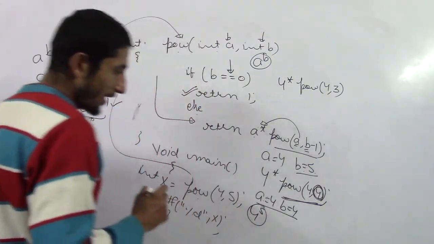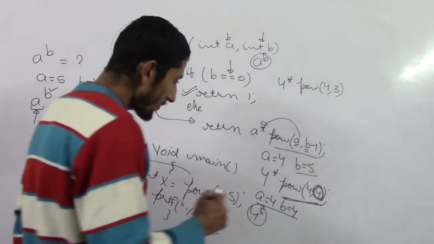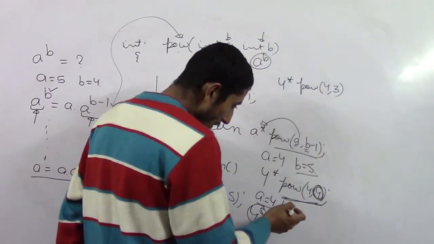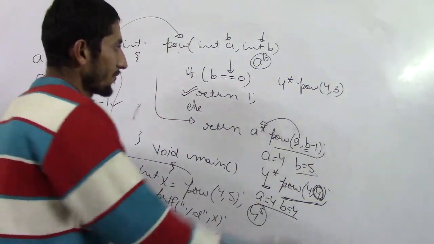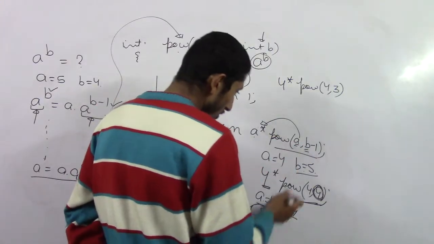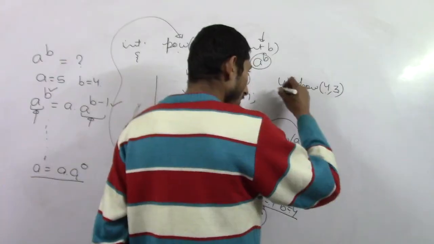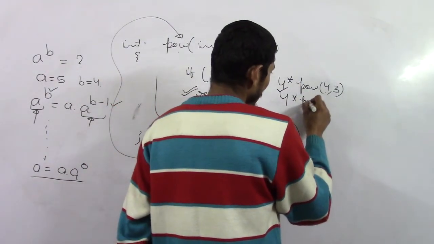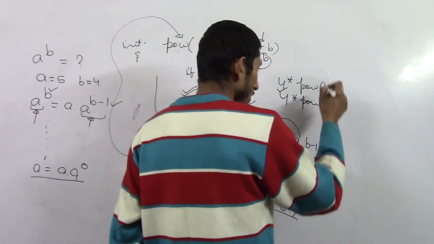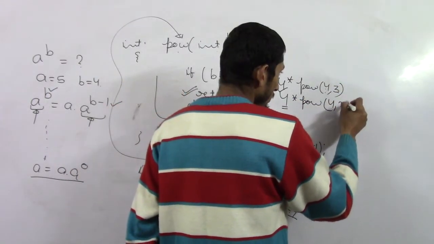Similarly, I can't calculate 4 to the power 4 directly, but you can calculate 4 to the power 3 and multiply by 4. If you can't calculate 4 to the power 3, multiply by 4 and calculate 4 to the power 2.